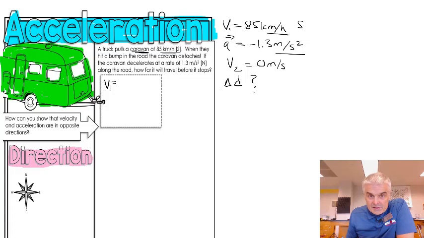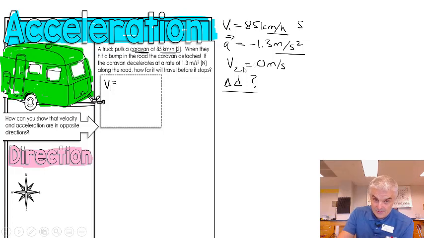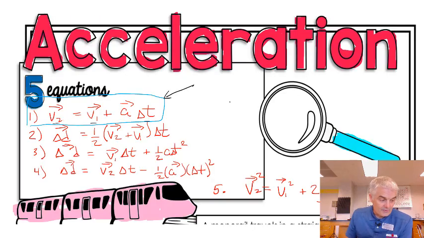Now notice something that's missing in this. I haven't given time at all. So I'm going to look for the equation that has no time component in it. Let's look. Ah, it's this equation down here.